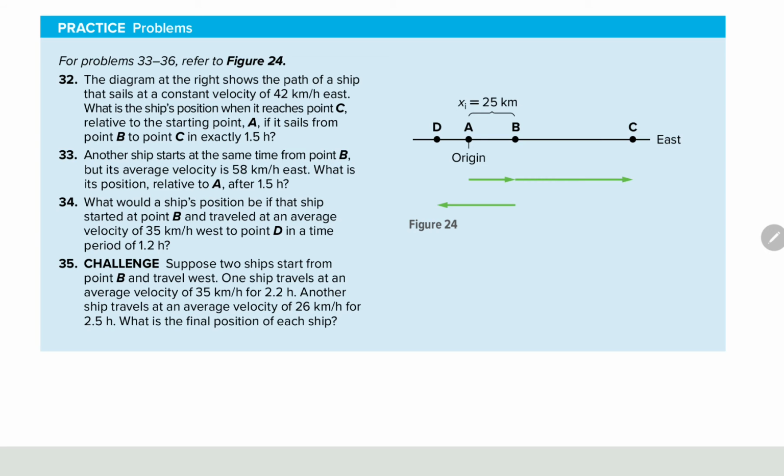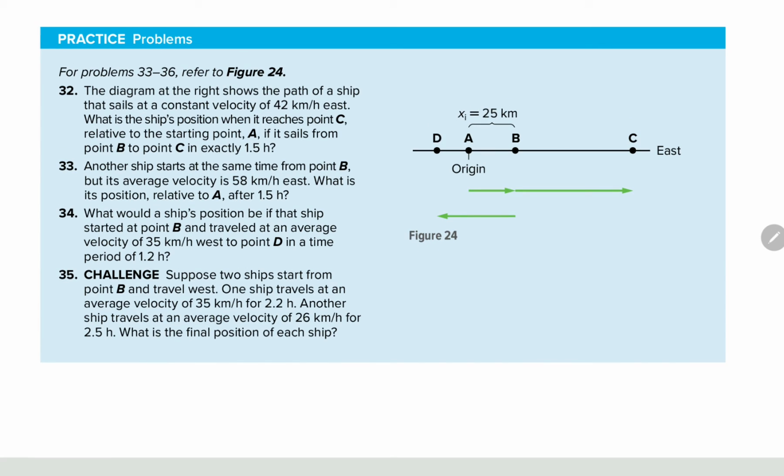In this question, we also have the movement from the same point, which is 25 kilometers, and also we have the velocity and the time, but here we have the movement to the west. So we will write the known and unknown for question number 34.